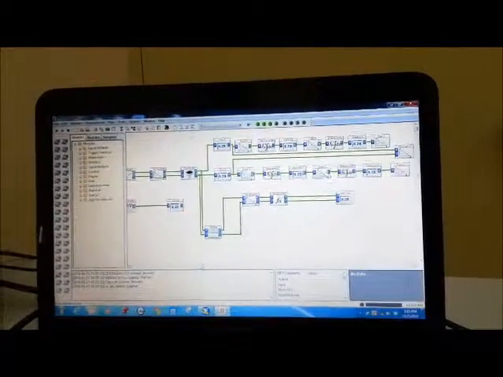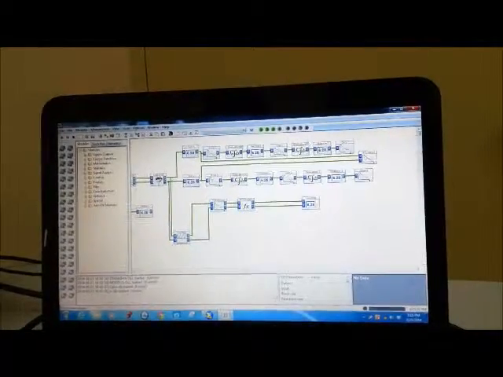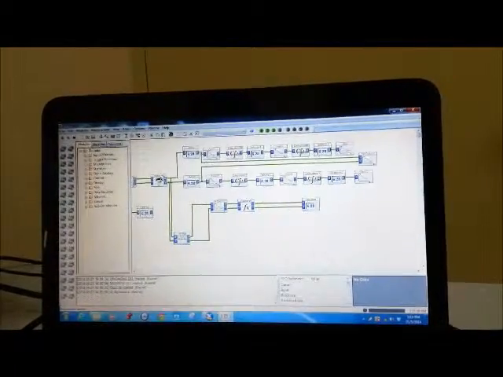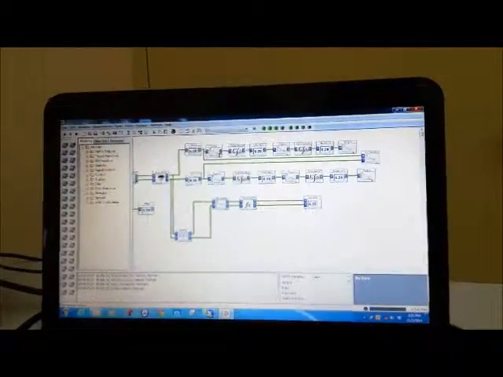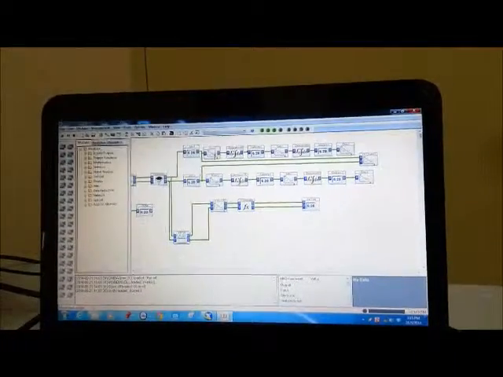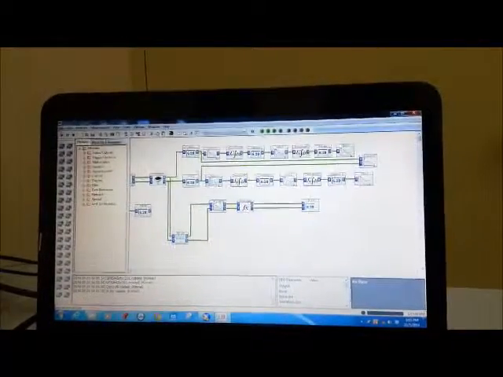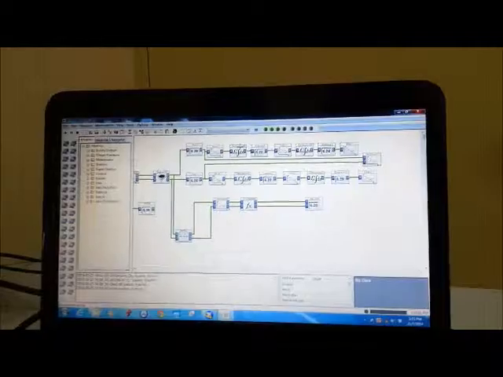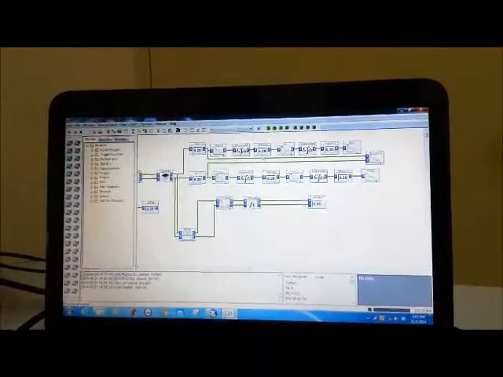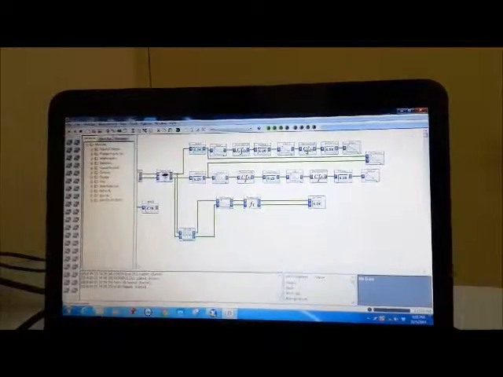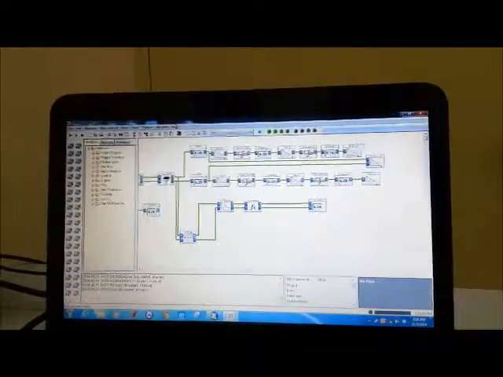So we need to filter the input, and we use the YT chart to show the pattern of the wave of the acceleration. Then we differentiate the input, and we can get the velocity, and again we differentiate, we can get the displacement as shown.